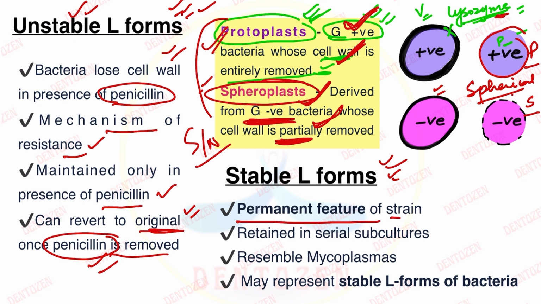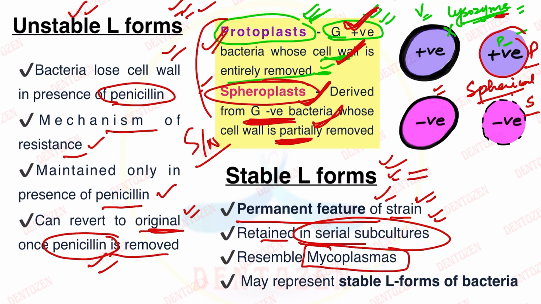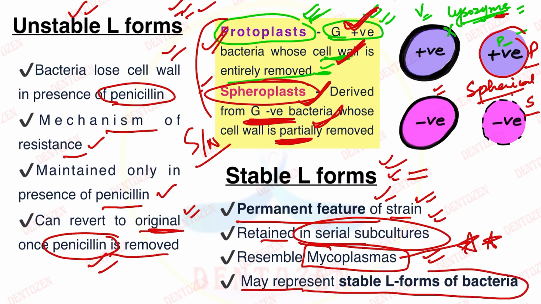It is retained even in serial subcultures, that is even if we take subcultures from the culture, this permanent feature, the L form, will always be seen. It is said that these stable L forms actually resemble mycoplasmas in their characteristics. So it may be the mycoplasmas which represent the stable L forms.